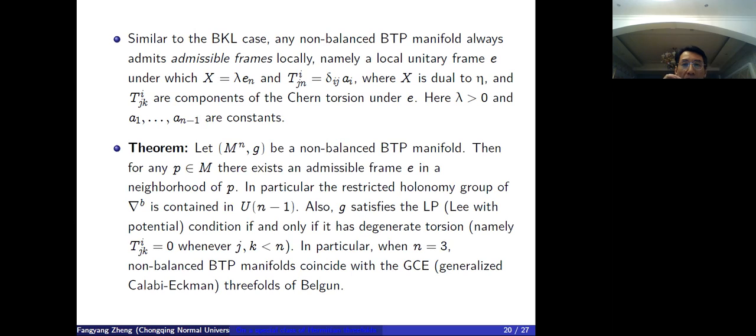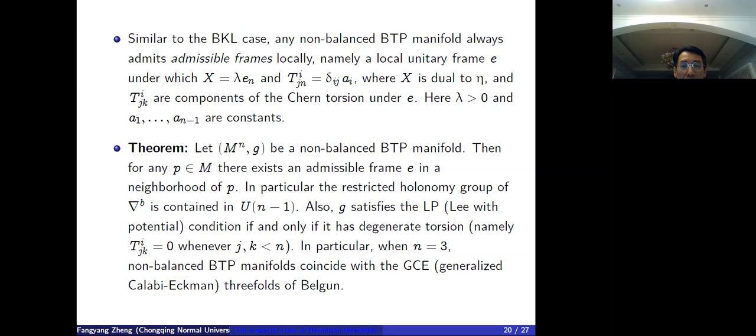For a non-balanced BTP manifold, around any given point you always have a special frame under which the torsion behaves simply and curvature behaves simply. So in particular, the Bismut connection has reduced holonomy group.